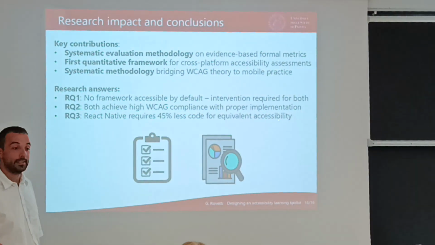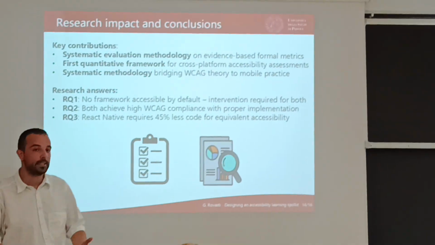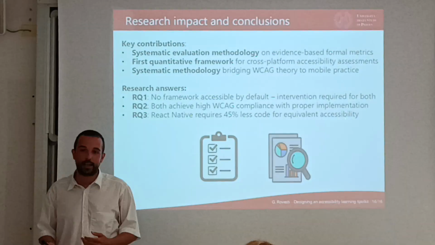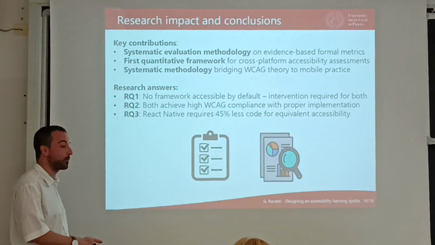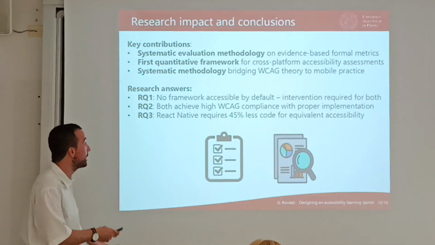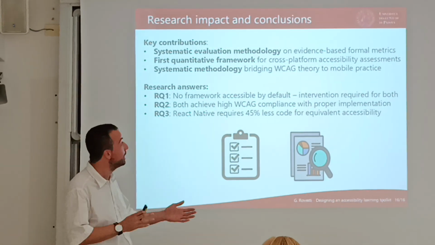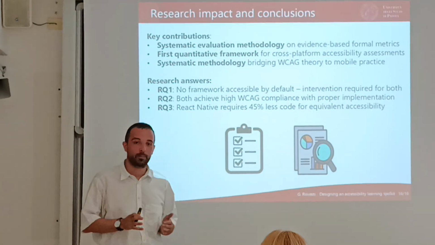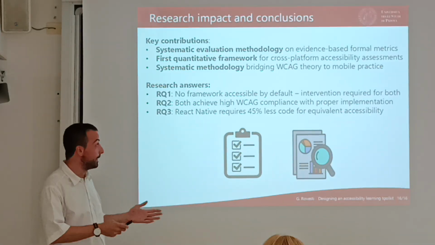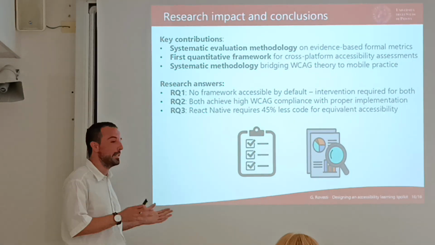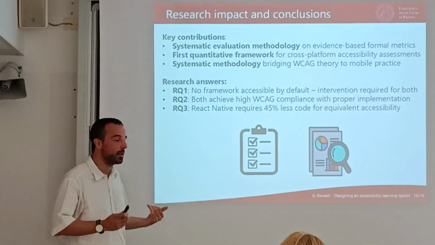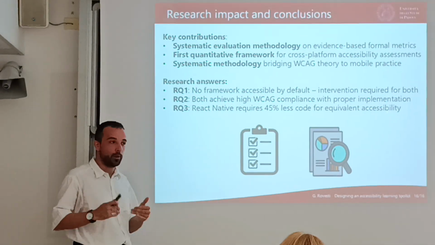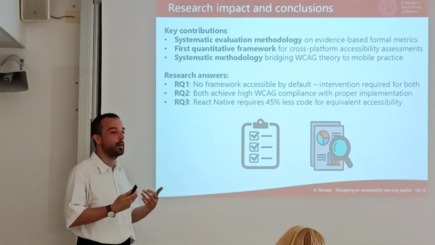So to conclude, this methodology is something systematic, which tries not only to give systematic evaluation for categories and components and bridging theory to practice, but is the first, to my knowledge, quantitative framework for cross-platform accessibility decisions. In this case, we see that accessibility becomes not an afterthought, but something that we have to think about within the development, because in this way it is easier.